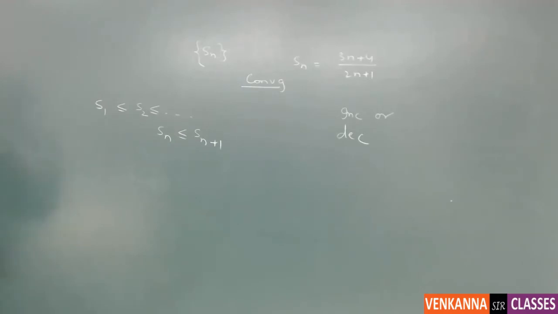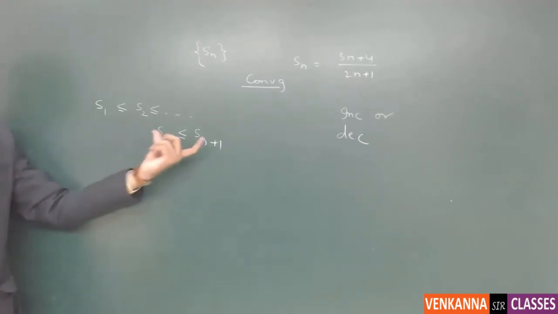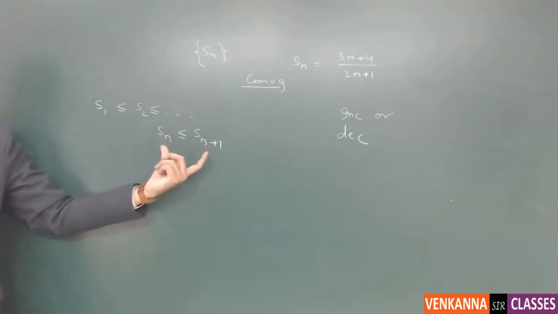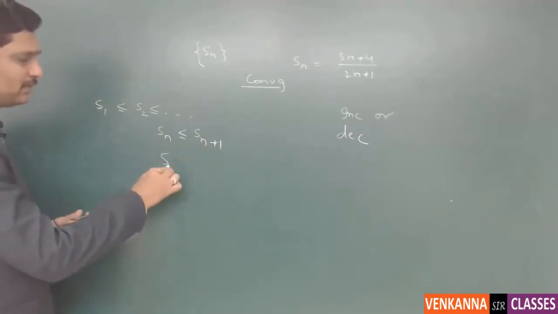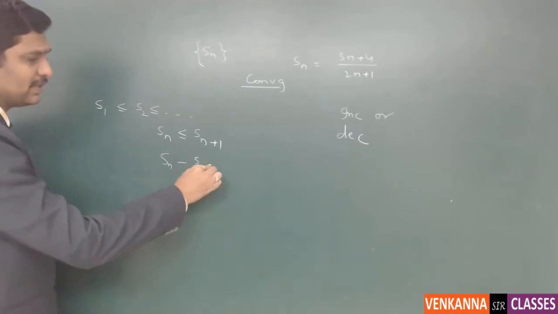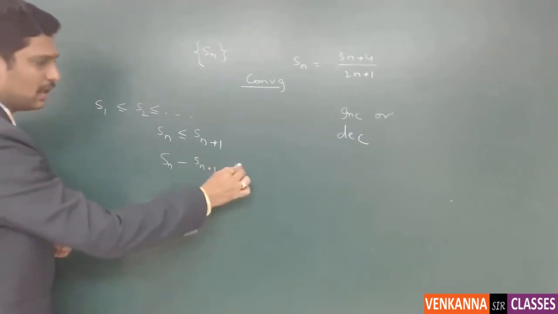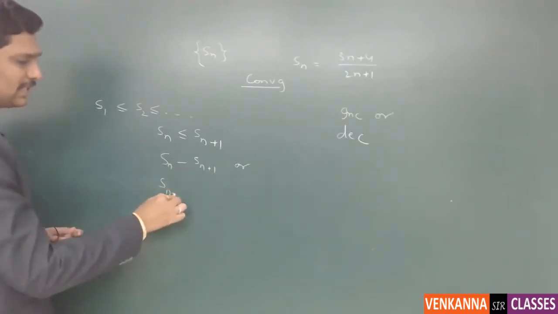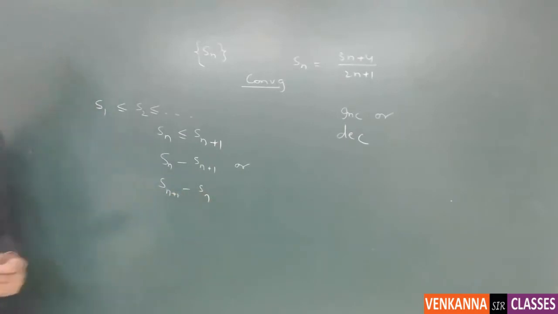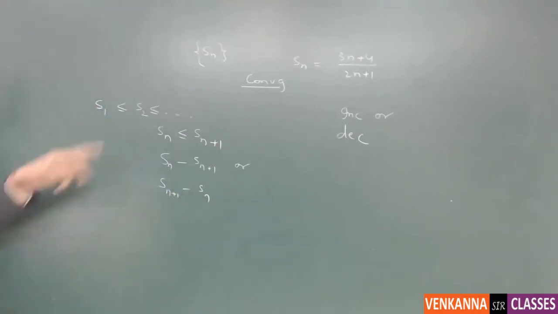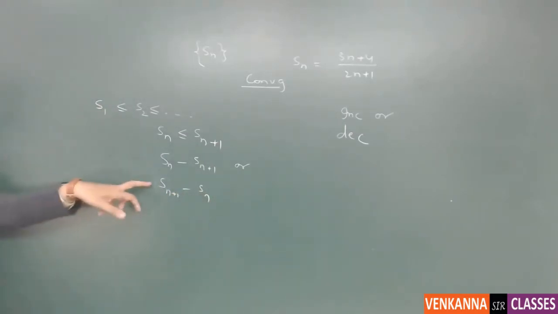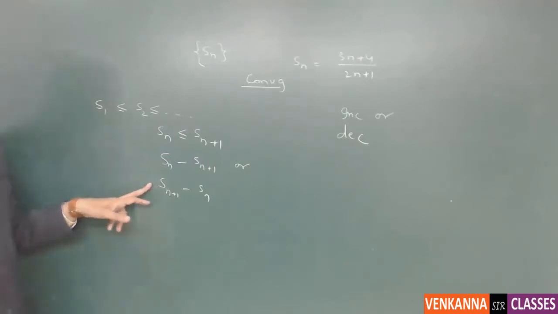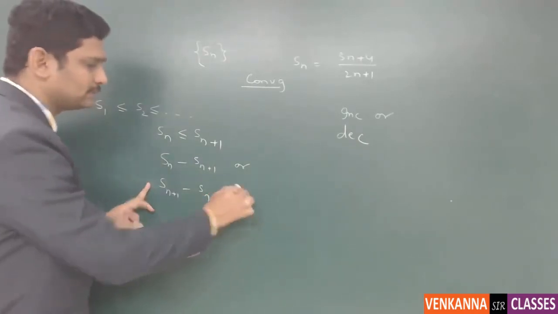Right. So if you want to prove that the sequence is increasing, you can calculate the difference between the two terms. You can find either Sn minus Sn plus 1 or Sn plus 1 minus Sn. If the sequence is increasing, the difference between these two terms must be positive, right?